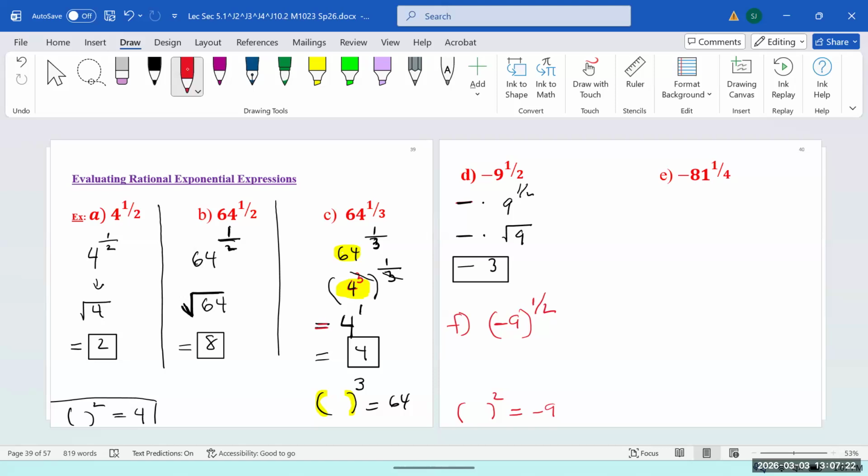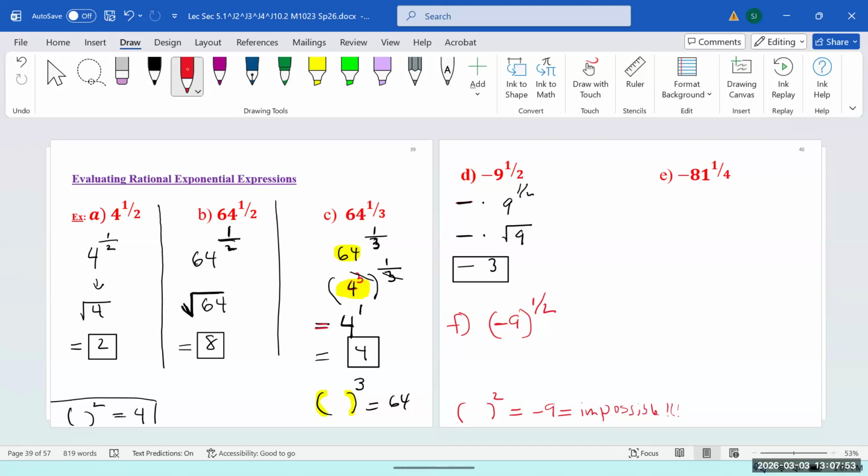So what number square is going to give you a negative 9? Doesn't exist. If you pick negative 3 times negative 3, it is positive 9. If you pick positive 3 times positive 3, it is positive 9. There is no way you can multiply the same number twice and the result will turn into a negative. This is impossible. So this one is impossible.